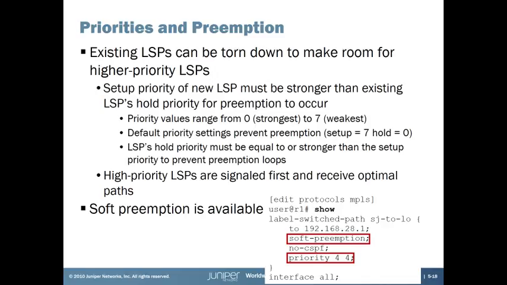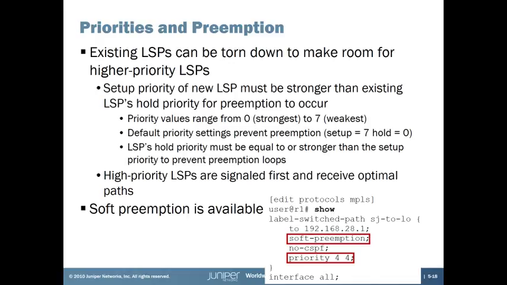Okay, so what have we discovered so far? We've discovered that we can add secondary paths to our LSP. Why would we add secondary paths to an LSP? So that if our primary path does fail, we will fail over to the secondary path. We've also discovered that we can set a secondary path to standby, which means that the path is already signaled up before we have a failure.